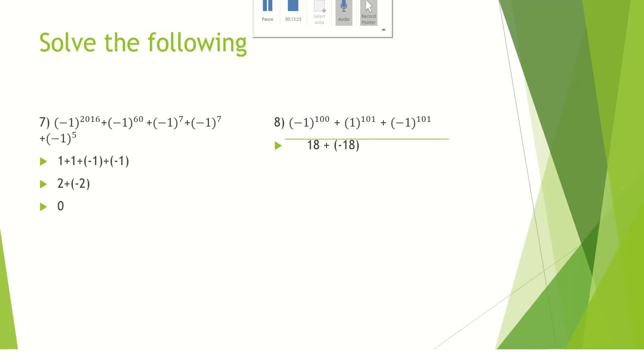And plus minus 1 whole to the power of 101. So there also the power is an odd number, obviously you'll be getting negative 1. So the answer is like this: 1 plus 1 minus 1, 1 and 1 get cancelled. So 1 divided by 0, which is undefined.